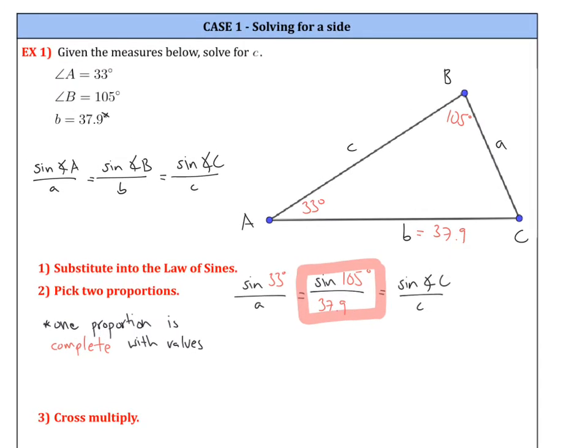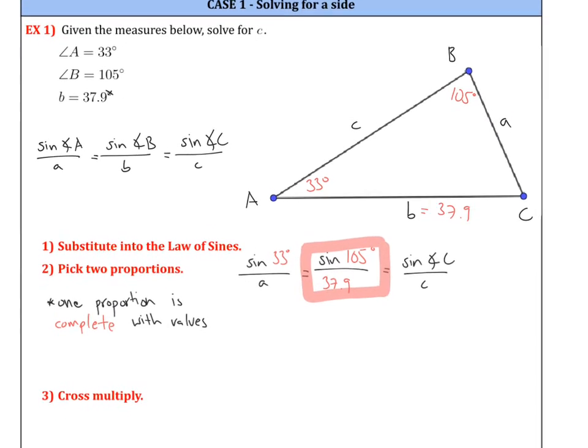Visually on the triangle, that means you have an angle and a side opposite that angle, and both are provided. Notice how for angle A, if I group angle A with little a, this is not a complete set because I don't have the missing side a here. So that's the first proportion.